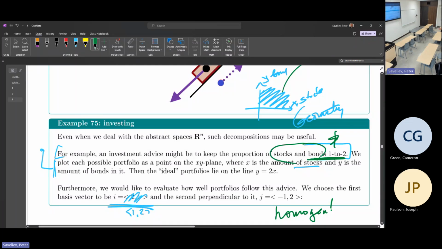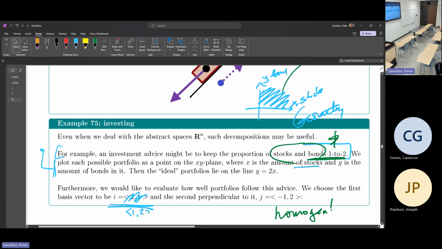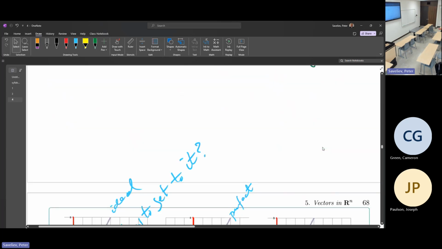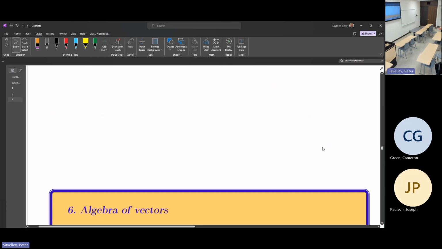But what we might be interested in, in light of this advice, is to decompose it very differently: the one-to-one combination of stocks and bonds, and whatever is the excess to that. That's something that has to be sold and bought, trading stocks for bonds in order to make it perfect. So that's still a valuable idea here for algebra, not for geometry.